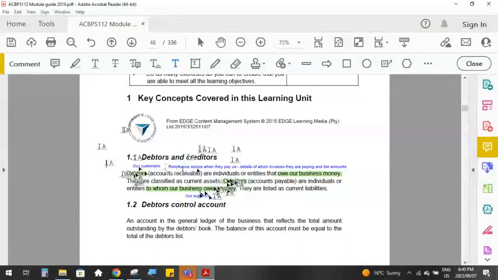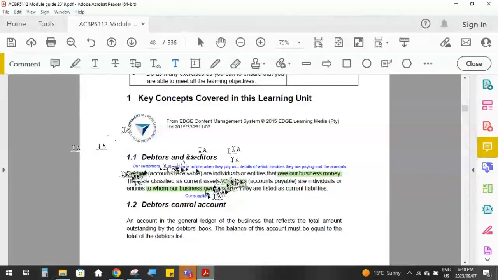So we can then take that remittance advice that we receive from our customer, and we can check it against our records, our statement to that customer, and check to see that they have got the same amounts for the invoices that we have, that they haven't deducted anything or missed anything. Okay.